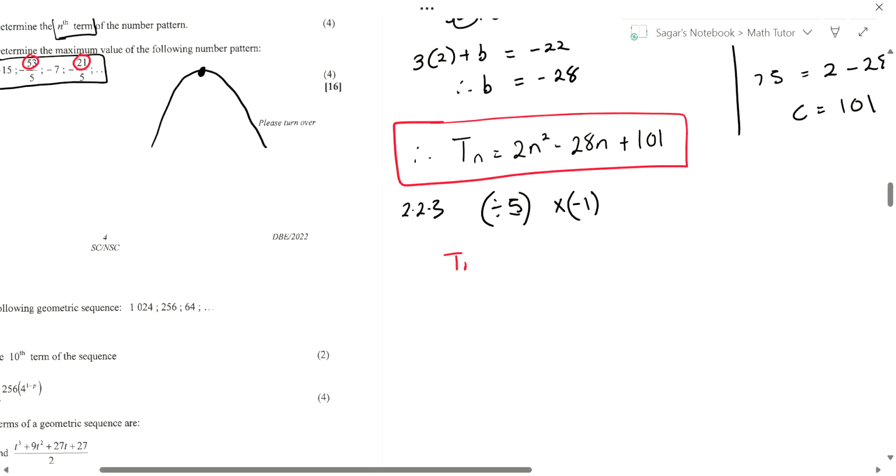So we take Tn is equal to 2 all over 5 n squared minus 28 all over 5 n plus 101. Here we've only divided by 5. Now we need to multiply the entire thing by -1.